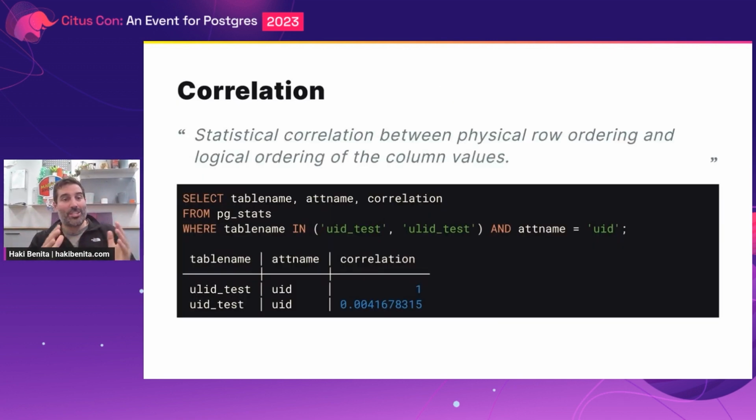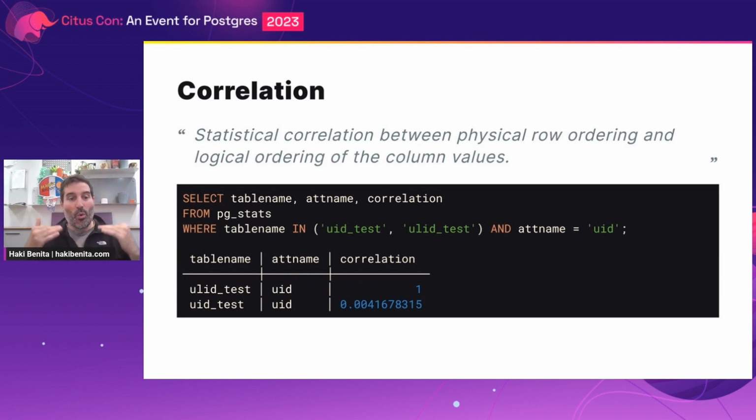This is a good time to mention correlation. Correlation is a metric maintained by the database that keeps track of the correlation between the physical row ordering and the logical row ordering of the column values. To understand, if we look at the value of correlation, the statistics that Postgres maintains on our columns, we can see that the random UUID has zero correlation, meaning there is no correlation between the actual value and its physical position on the disk.